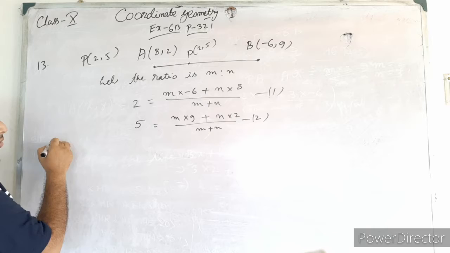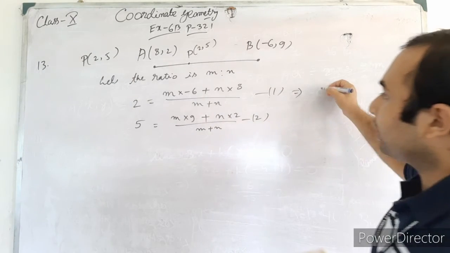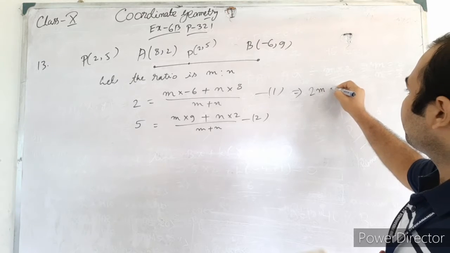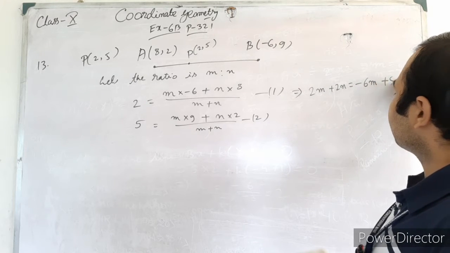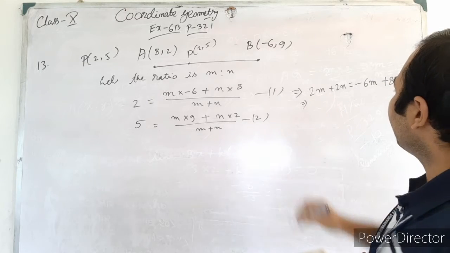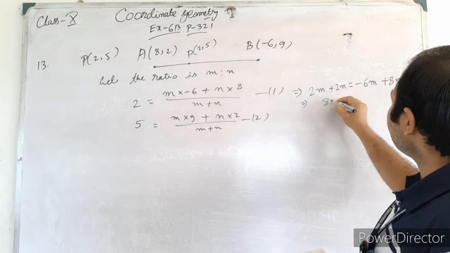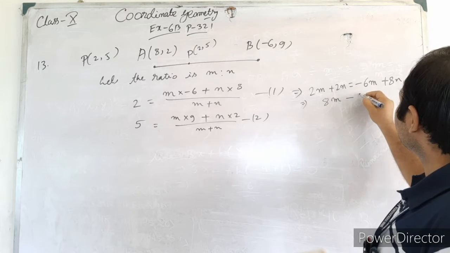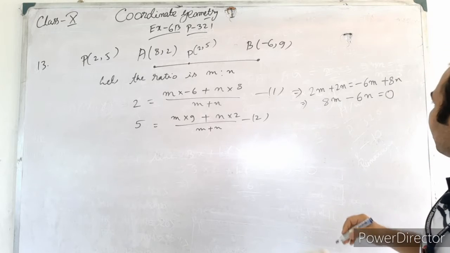So let us solve those two equations. From 1 we get 2m plus 2n equals -6m plus 8n. So the relation will be 8m minus 6n equals 0.